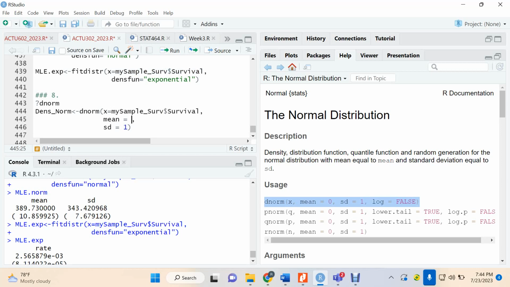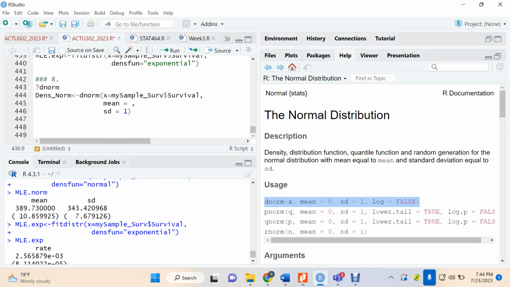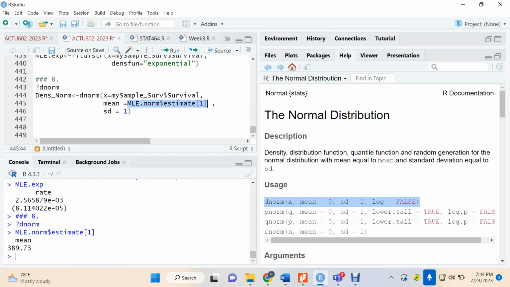Your mean is your MLE for the normal, the mean as you find over there. Right? So I do this, then estimate, and then the 1. Or if it should be 1. Right? So the first one is a mean. I can highlight this and do it. Mean, isn't it? So the next one is what? The standard deviation. I put that one through there.